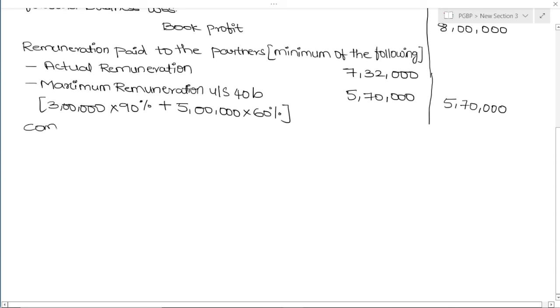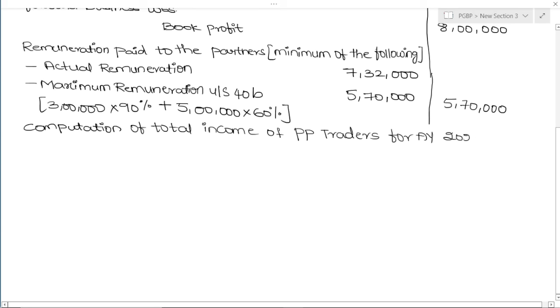Computation of total income of PP traders for assessment year 22-23. Let's write down particulars, amount.